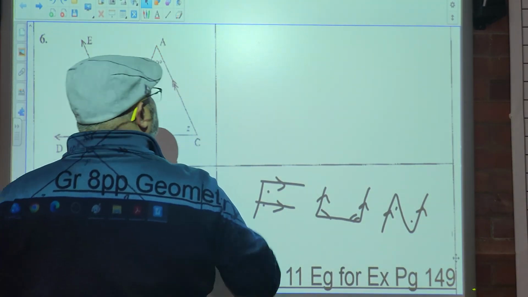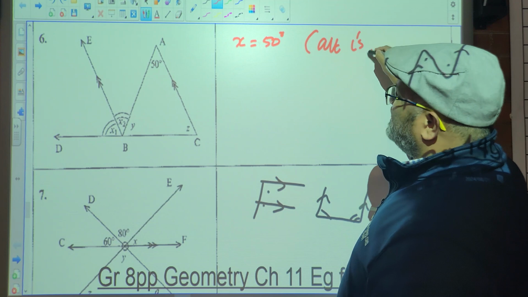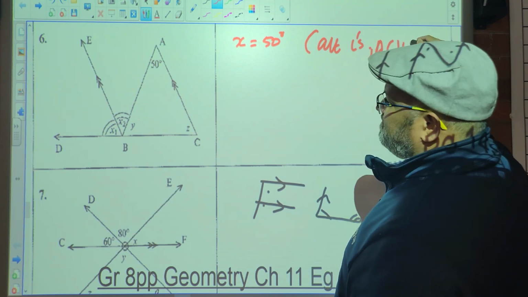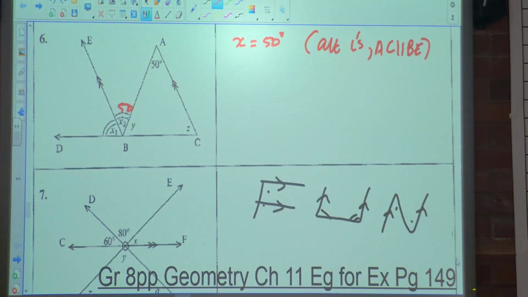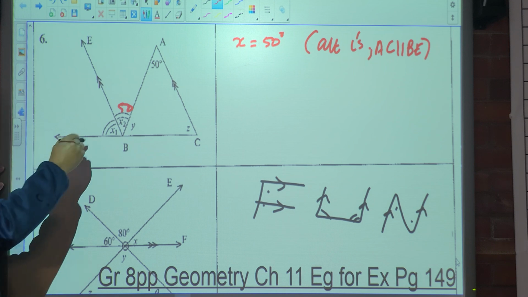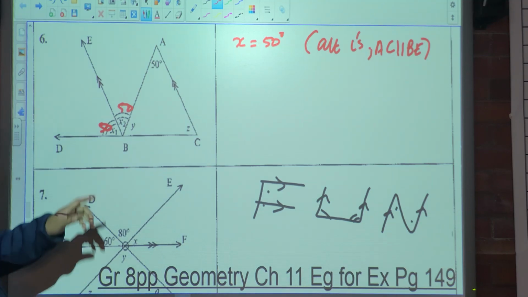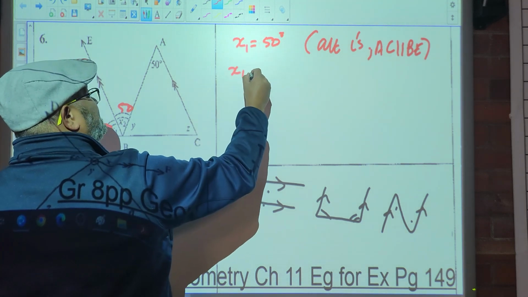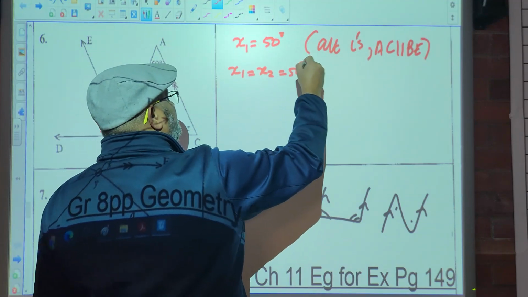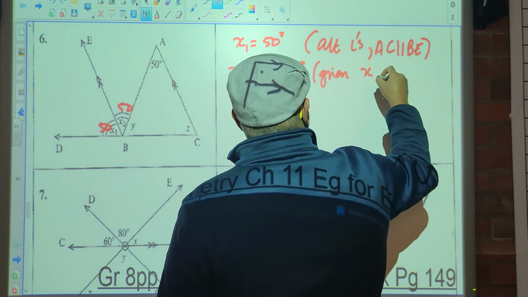Why? It is alternate angles with AC being parallel to AB. So this is 50, which means this is also 50 here. And because it is marked differently here, x1, x2, I must say x1 is equal to x2, which is equal to 50. Why is it 50? Because it's given that x1 was equal to x2.